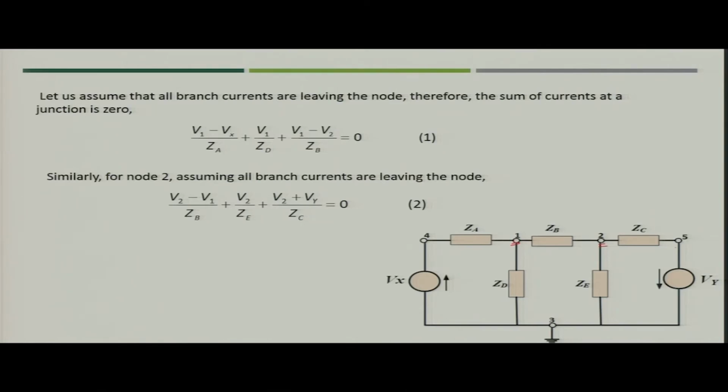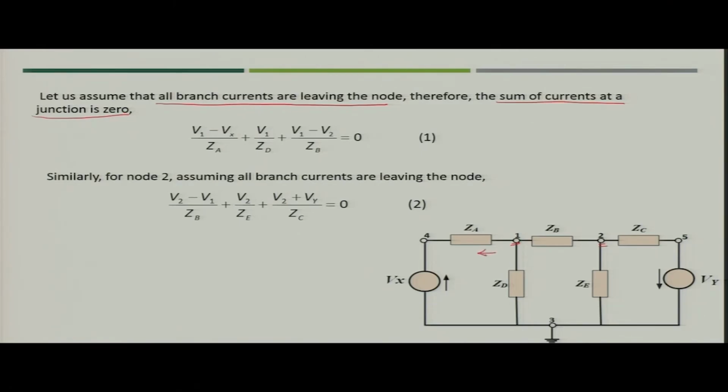If you see node 1, you can assume that all branch currents are leaving the node. So, as per Kirchhoff's current law, the sum of the currents at that junction would be 0.